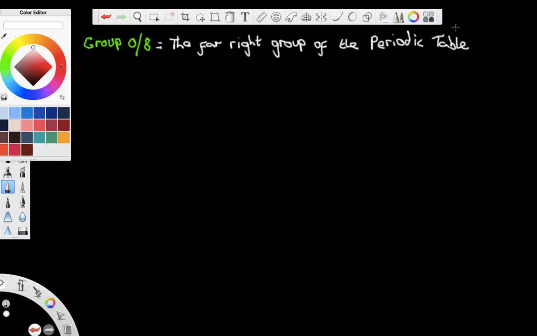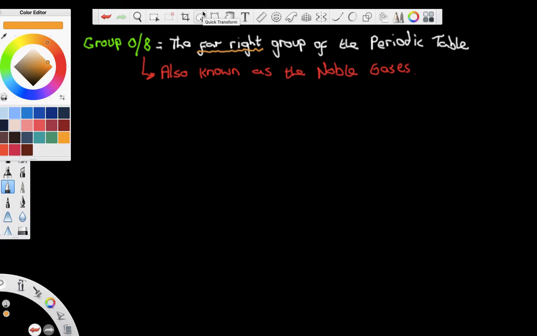Okay. Now, the group 0 elements are also known as the noble gases. Now, because they are on the far right hand side of the periodic table, they are therefore classed as non-metals.